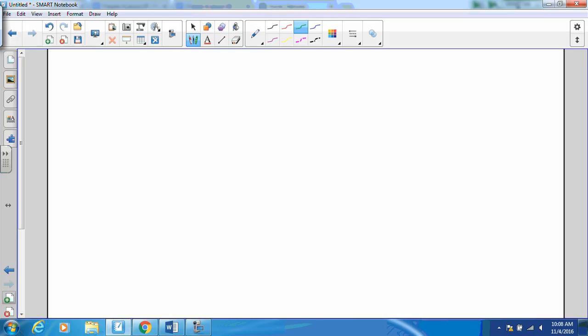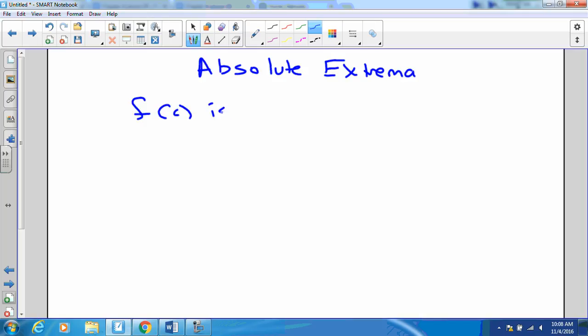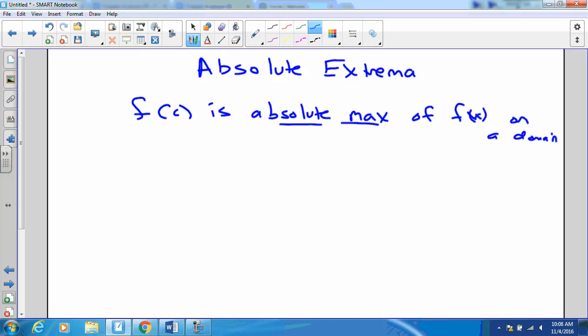Okay, let's talk about absolute extrema and finding them. We talked about absolute extrema already, so I'm going to remind you of the definition and a theorem. f of c is an absolute max of f of x on a domain if f of c is the largest on that domain.